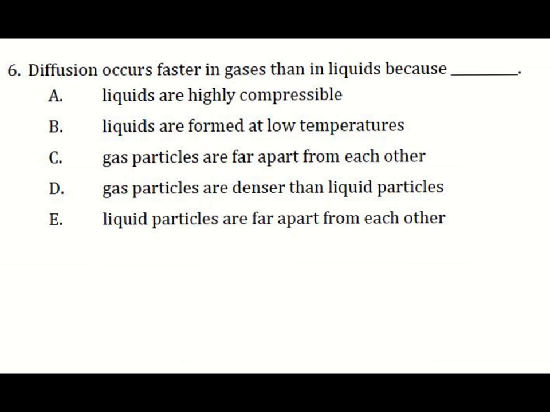Question 3. Diffusion occurs faster in gases than in liquids because... first let's explain what diffusion is. Like if you have particles of smoke, for example, in air. Air particles, like gas particles in air, are colliding all the time.